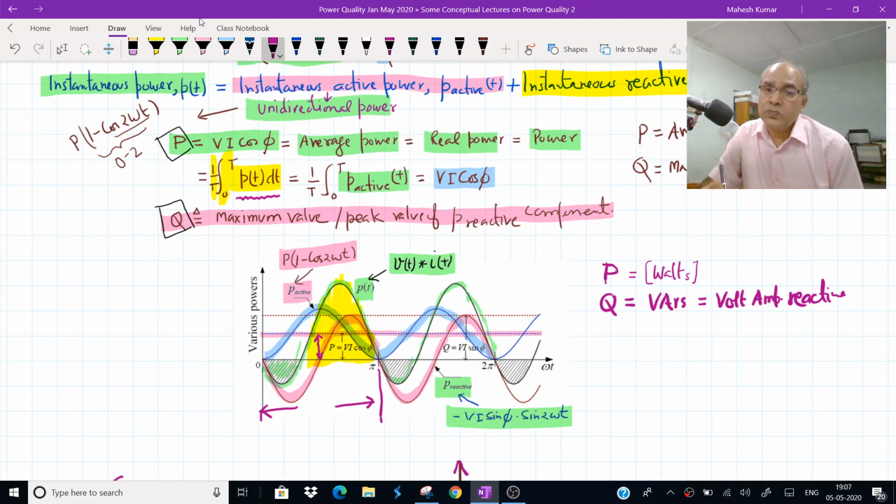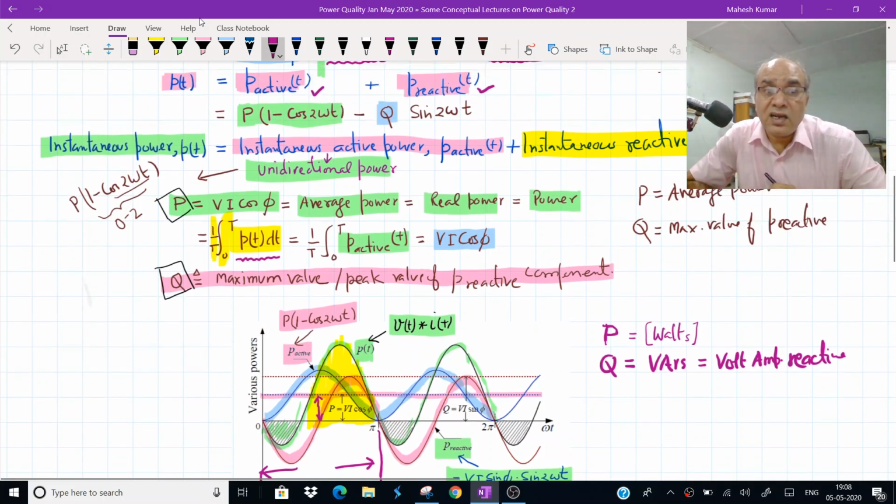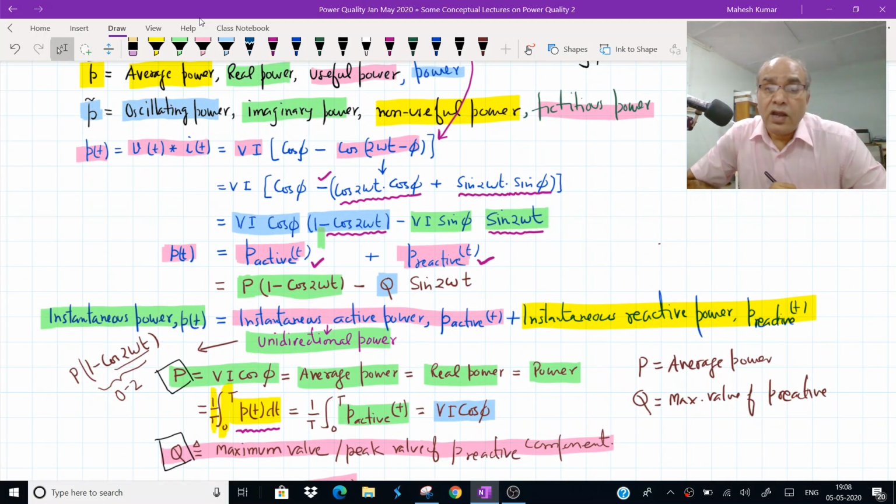I will discuss more on these lines in the next class, in which we will define some more power components like apparent power and the power factor, and how they are related. I hope you understand the way we define powers, what are the reasons behind that, why they are called instantaneous power, and why they are called active power and reactive power.